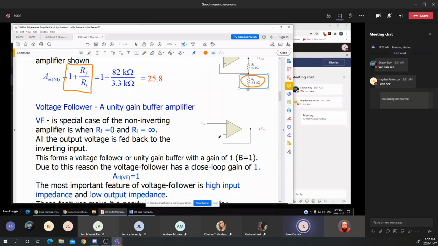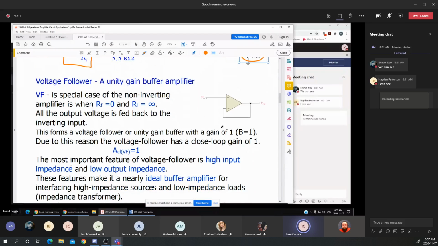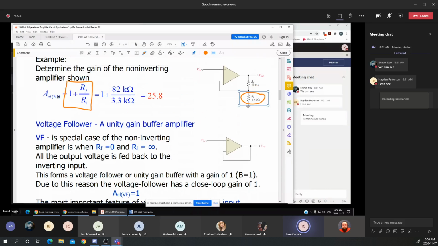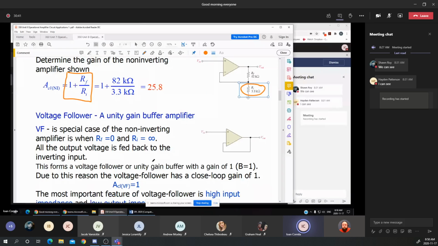You notice that the output voltage is actually returned to one of the two input voltages, and the circuit becomes a voltage follower, abbreviated VF. The non-inverting amplifier, NI, with these two new values for RF and Ri, becomes a voltage follower.